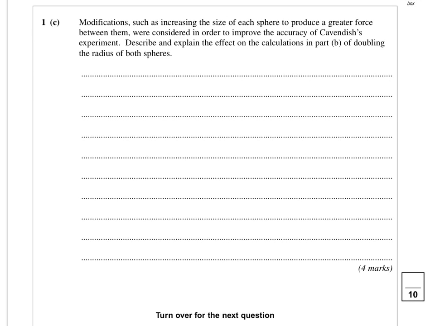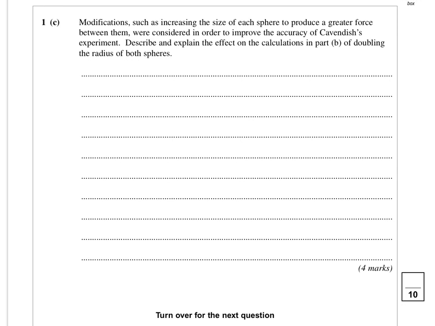Modifications such as increasing the size of each sphere to produce a greater force between them were considered in order to improve the accuracy of Cavendish's experiment. Describe and explain the effect on the calculations in Part B of doubling the radius of both spheres.